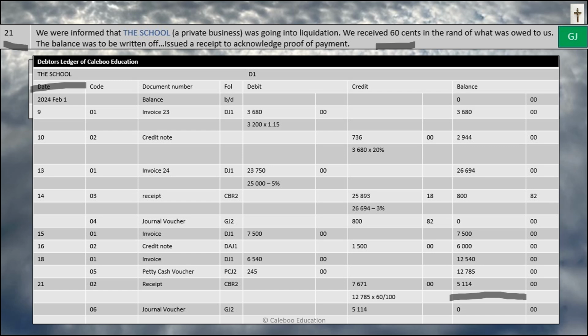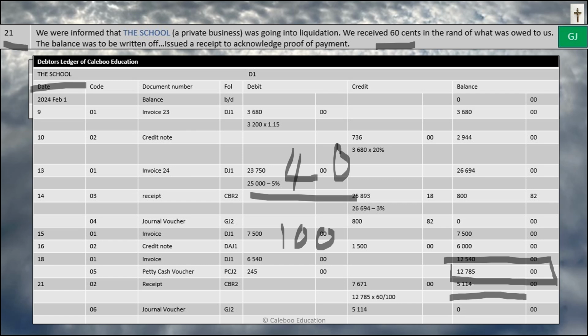So I showed you, I'll show it again. We want to put in the general journal what was written off. What is the bad debt? 40 out of 100 multiplied by the amount that was owed to us when we received this bad news. That is the amount of the entry.